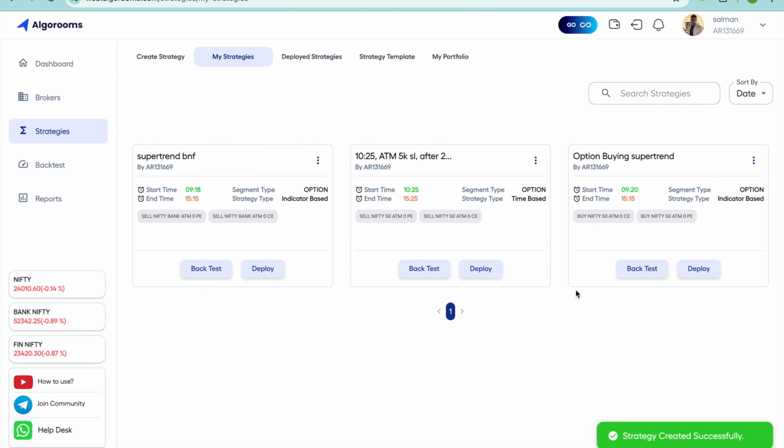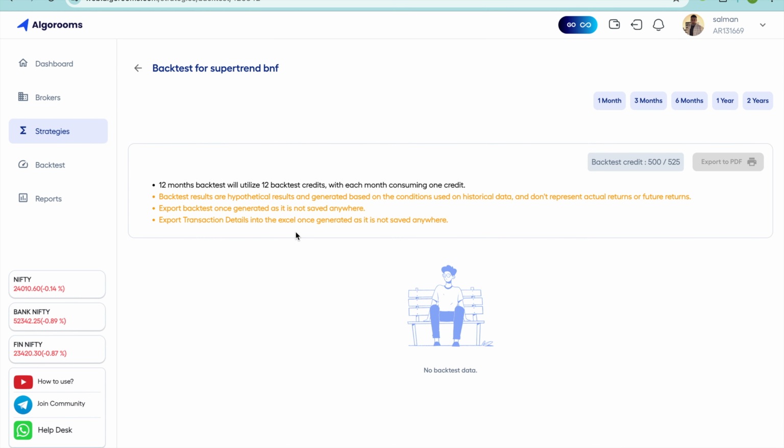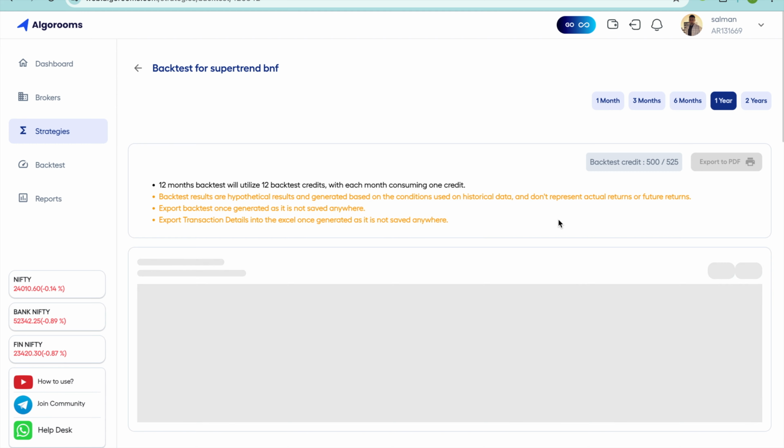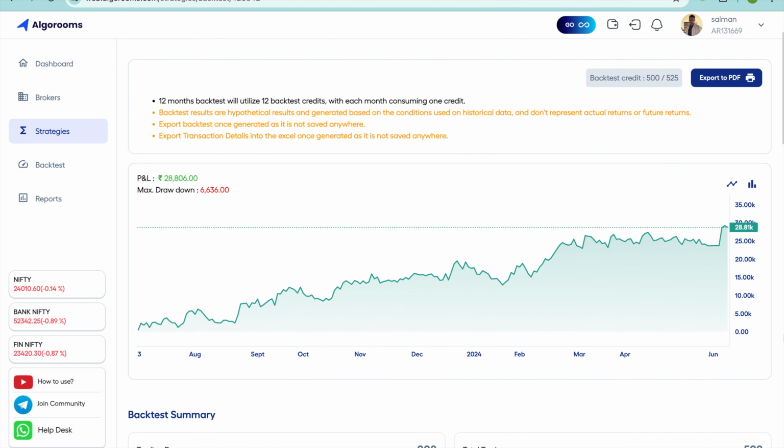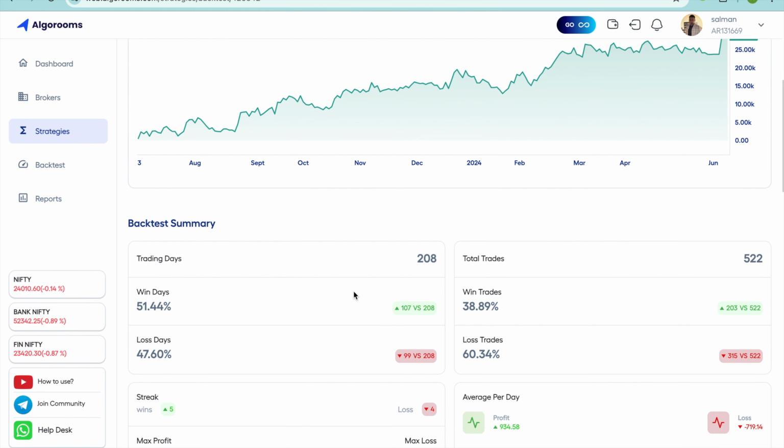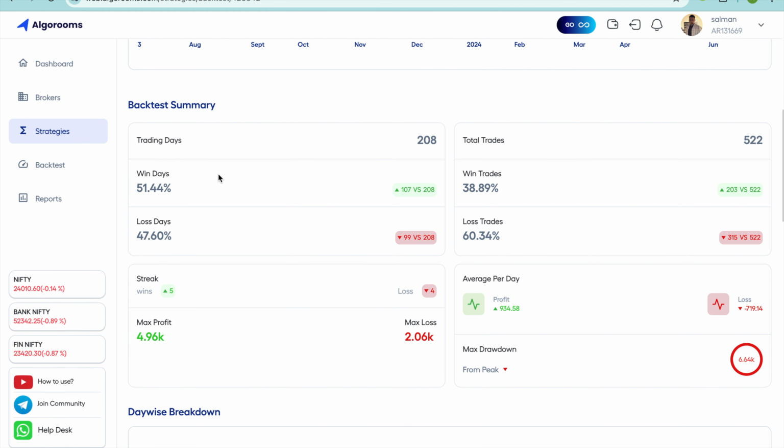Now we'll save it. Here the super trend BNF, we go for backtesting. We'll do a 1 year test. Here you can see that the PNL is 28,000 for one lot, and there are ups and downs with a max drawdown of 6,000. Win days are 51% and loss days are 47%.